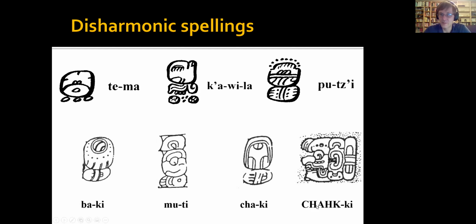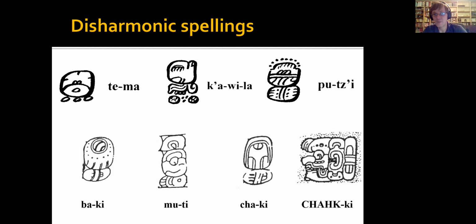There is still something of a debate about the precise nature of the system and the extent to which all of these examples can be explained as final syllables which underspell yet another consonant. It's not as consistent and matching what we know from linguistics as we would like it to be.